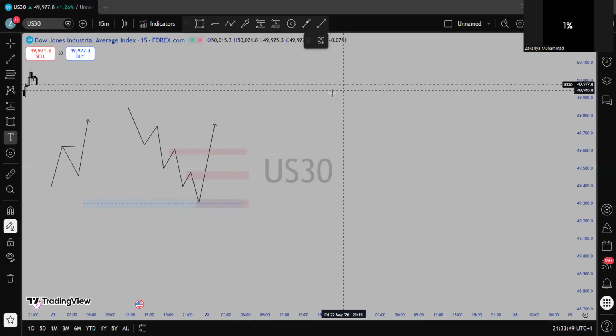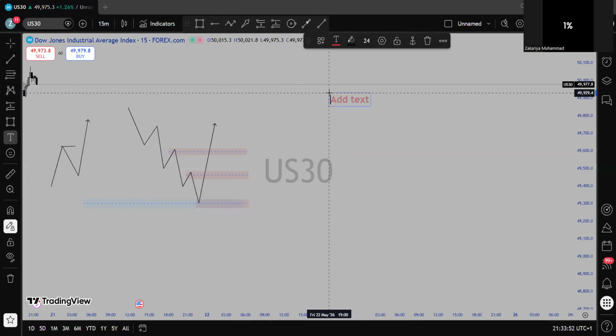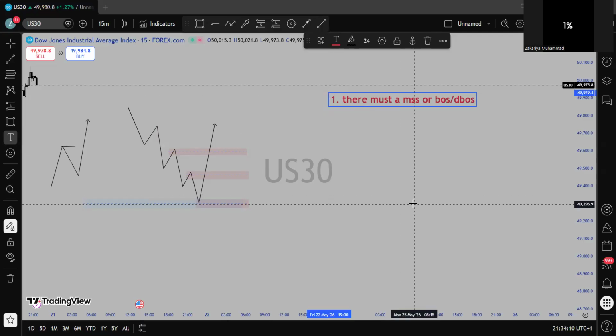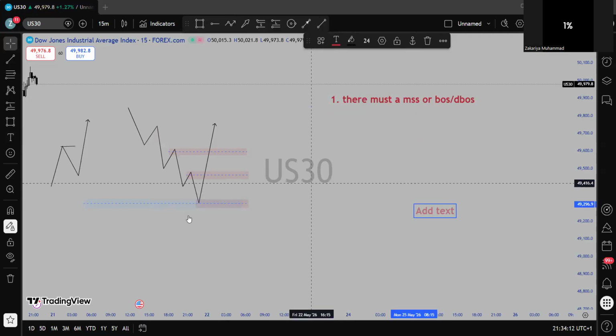There are 4 methods. You can call them rules or guidelines I use when picking a point of interest. The first one says there must be a market structure shift or break of structure, or in other cases a double break of structure. I explained what a market structure shift is.